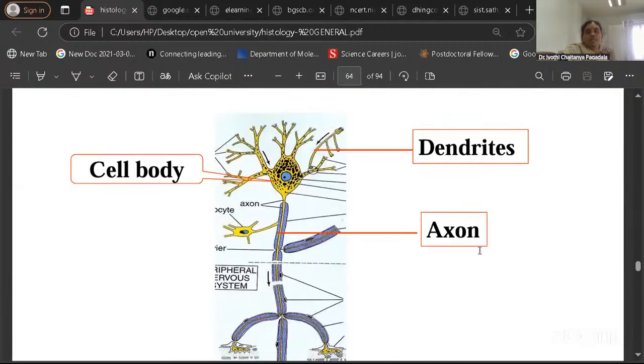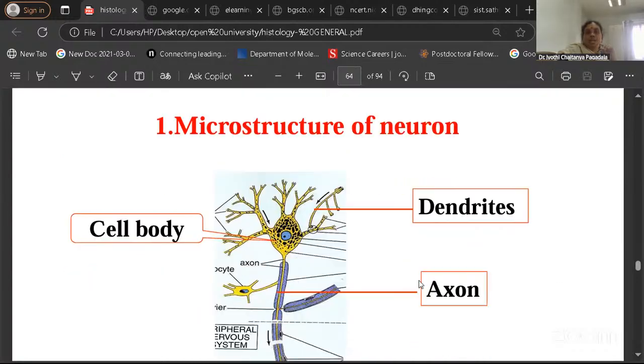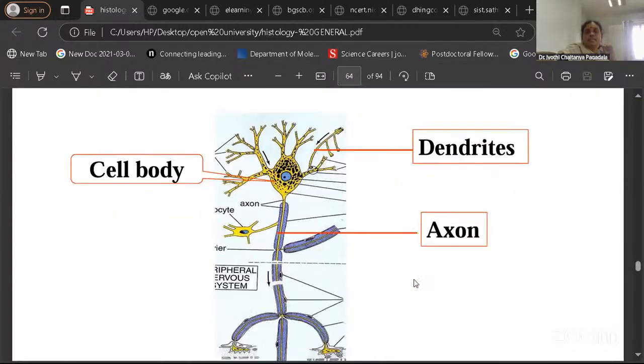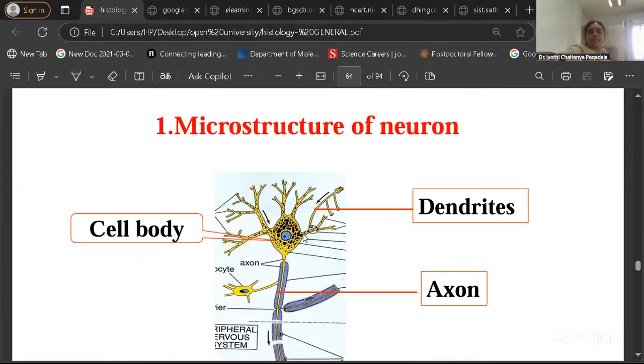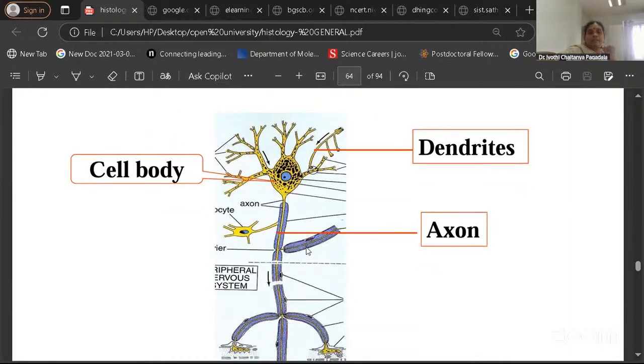Here we can see the presence of axon and dendrites. And we have the head, the cell body, which contains dendrites, and the middle part we have the axon.